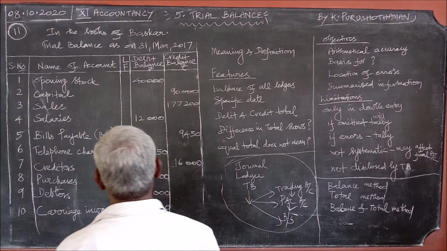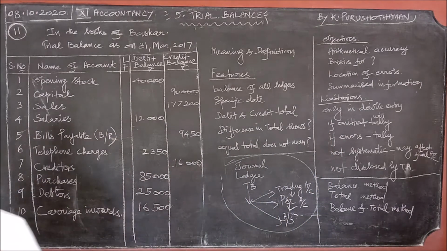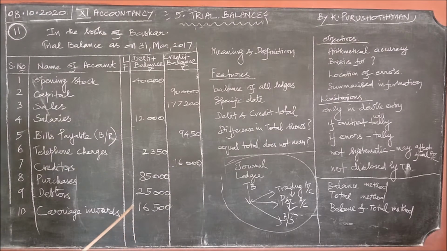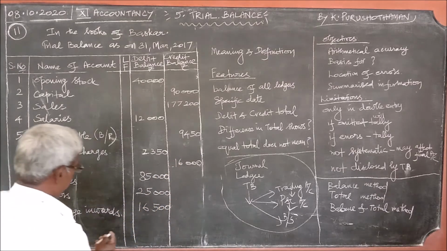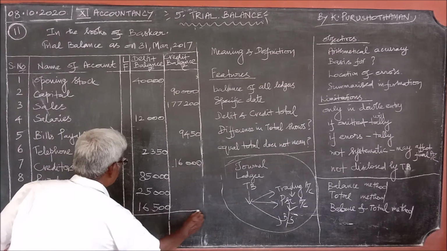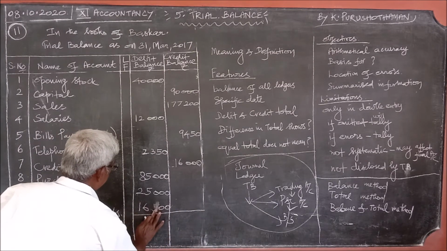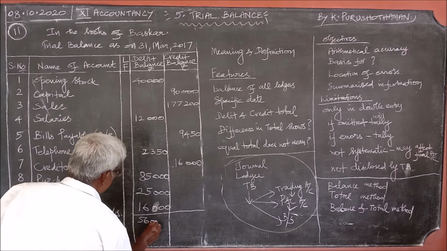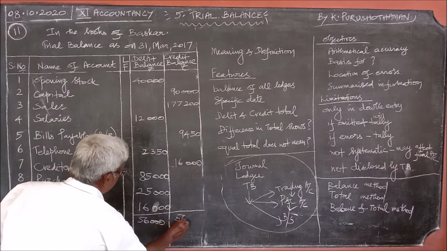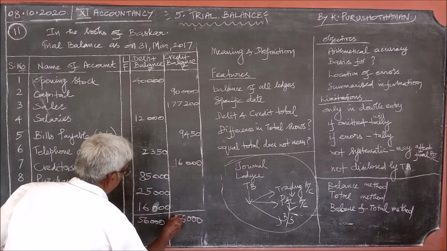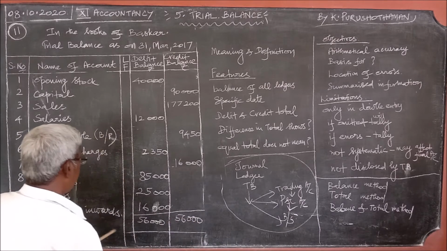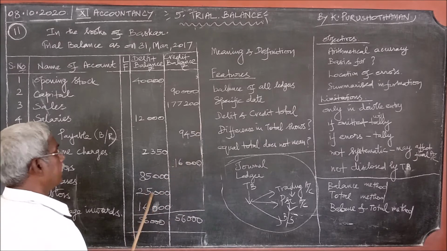Even if one item is missing, say for example, on the debit side 16,000 and on the credit side 16,000 we miss it. Say for example, both sides total 56,000 and it is tallying.